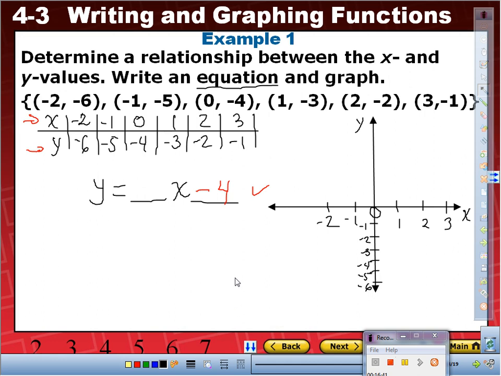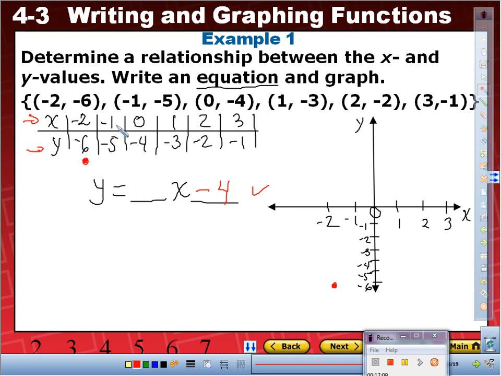So let's plot our points and graph our function. Let's see. So my first point, and I'm going to do this in red. Everybody look up, please. I'm looking at this one right here. -2 of x, -6 of y. -2 is right here. -6 of y is down here, so I plot my point.